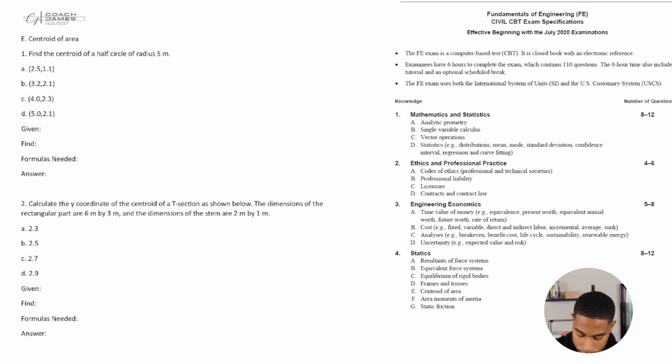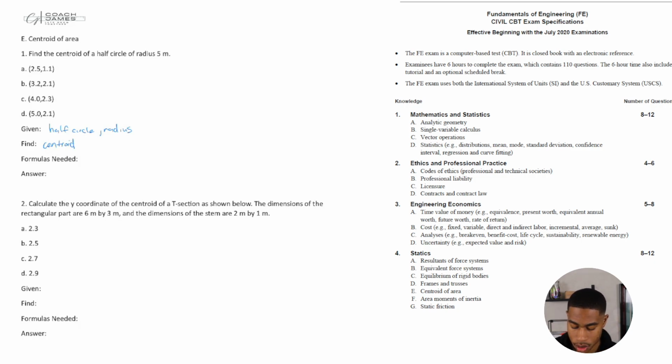They give us that it's a half circle. They also tell us that the radius is 5 meters, and that's all the given information. And then we're trying to find the centroid.